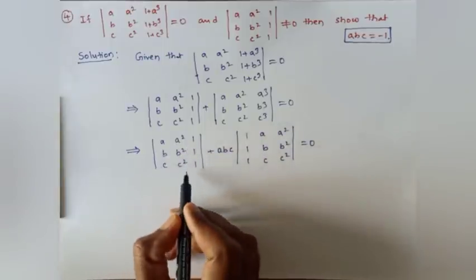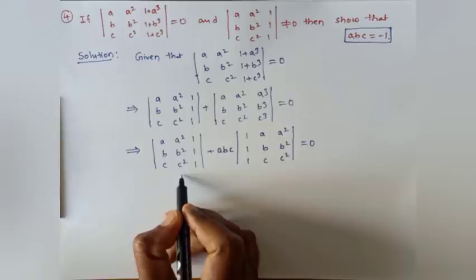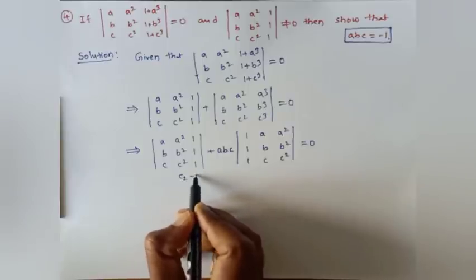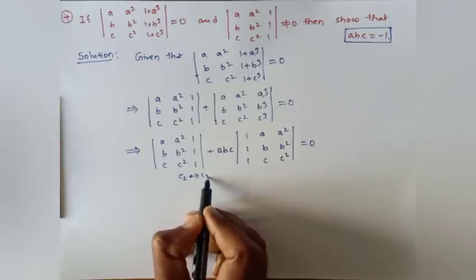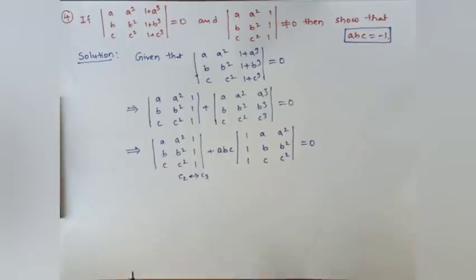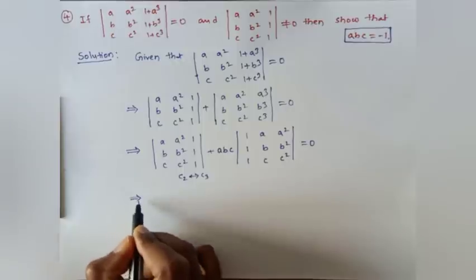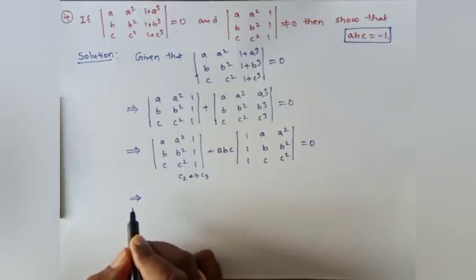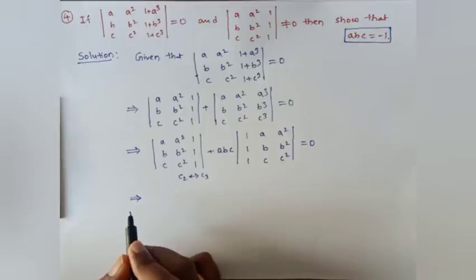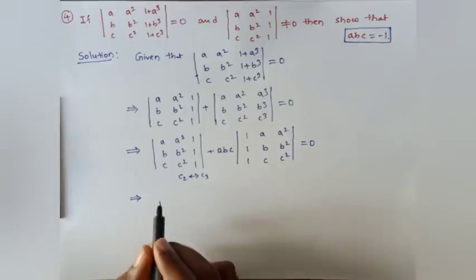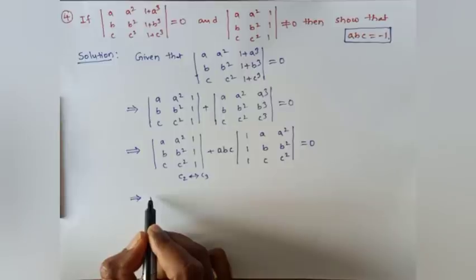Here I am interchanging for this determinant C2 with C3. Okay, now while swapping or interchanging two rows or columns, there is a change in the determinant, right? So you can check the property. Any two adjacent rows or columns are interchanged, then the determinant is multiplied with a negative sign.